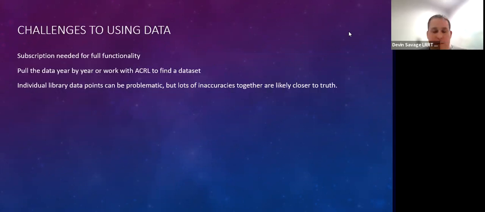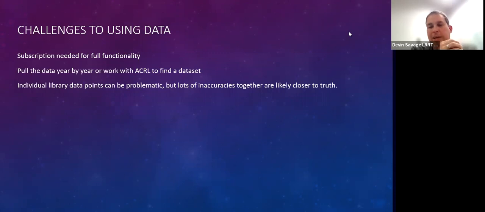Now, there are, of course, caveats about any large data set. We mentioned that the subscription is needed for full functionality. But also, if you're trying to get a really large data set, sometimes you need to pull it year by year, or you need to work directly with ACRL if you're trying to do some deeper work. It's also easy to get hung up on what I call the futility of human endeavor, that individual data points can just be problematic.